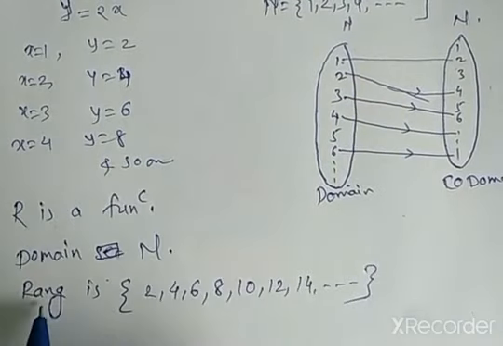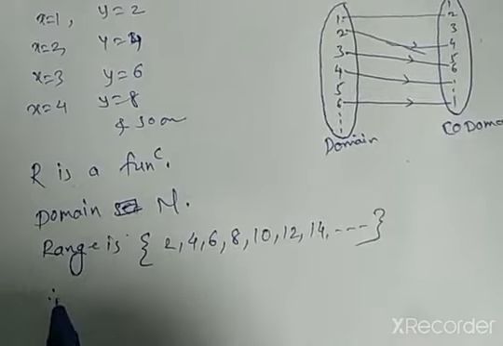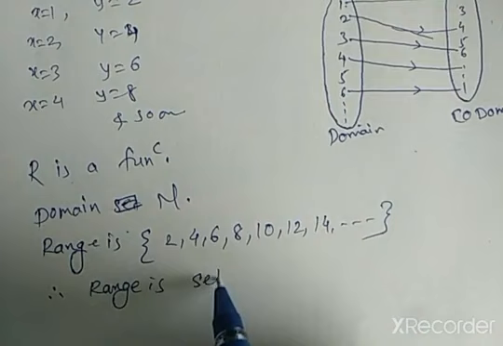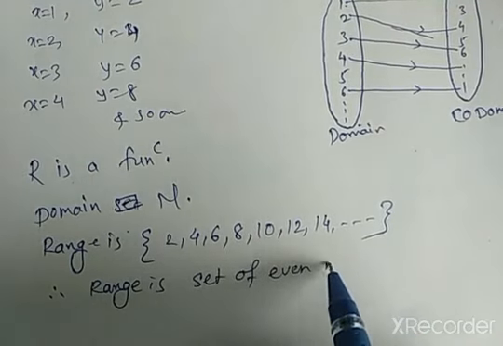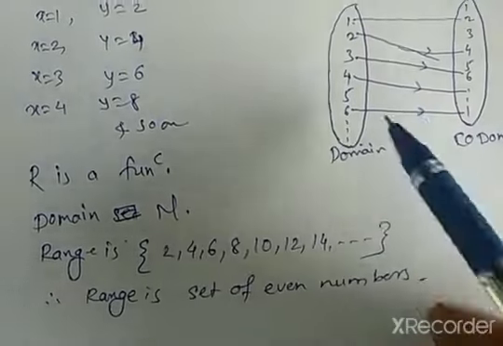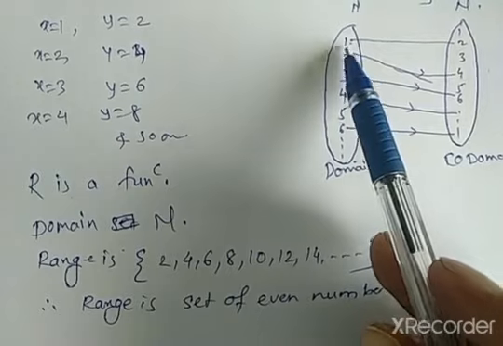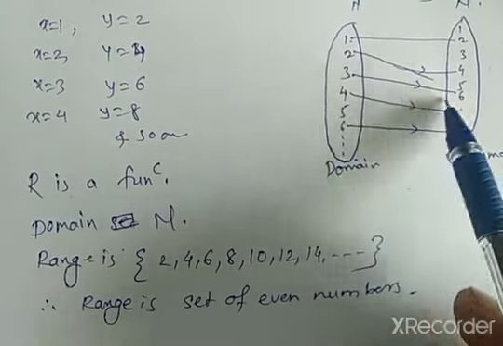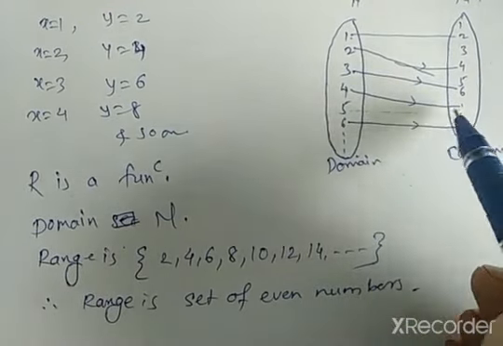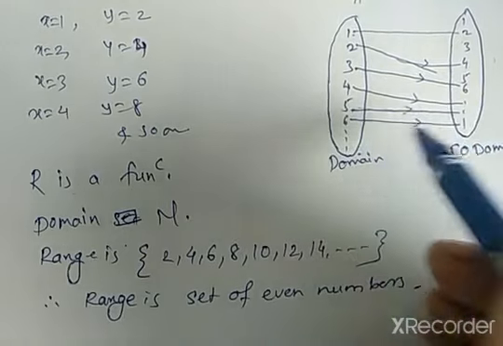To find the range, we look at the images of the domain set: the image of 1 is 2, of 2 is 4, of 3 is 6, of 4 is 8, of 5 is 10, of 6 is 12 and so on.